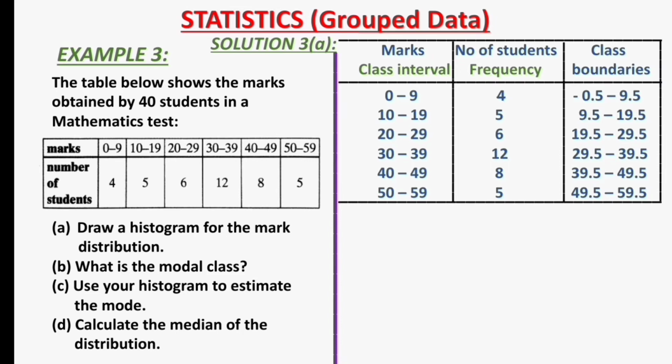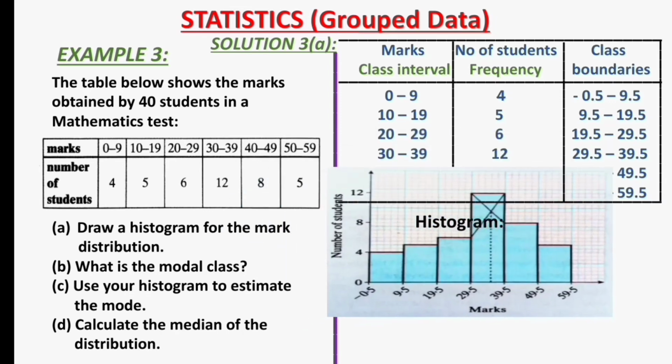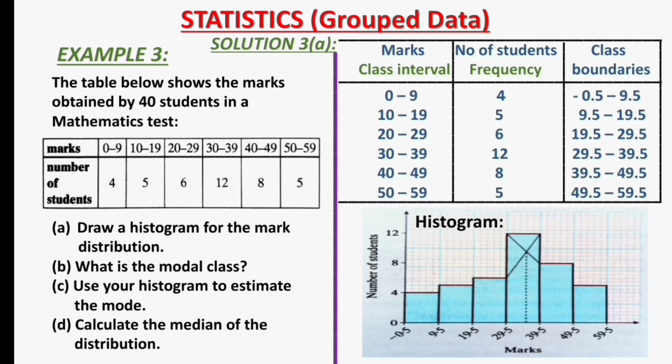The results are shown in the table displayed here. Plotting the frequency on the vertical axis against the class boundaries on the horizontal axis, this is how the histogram should look like. Here is the histogram for the mark distribution.